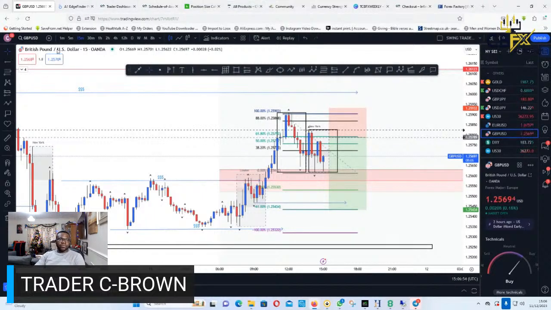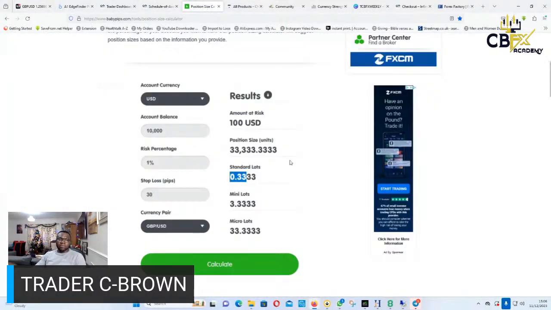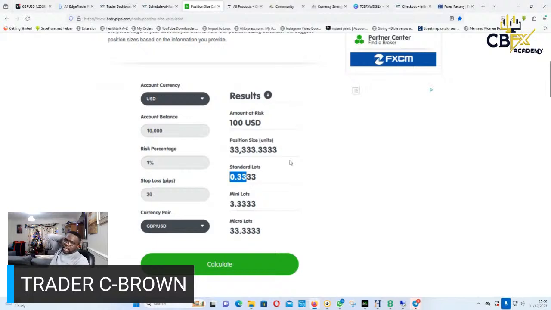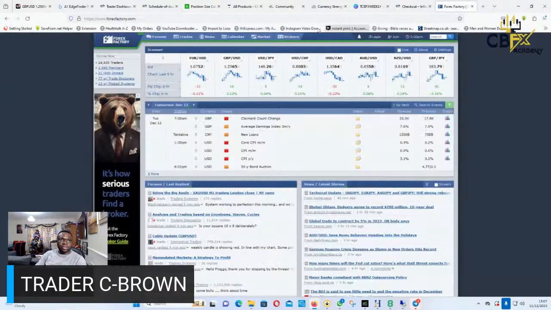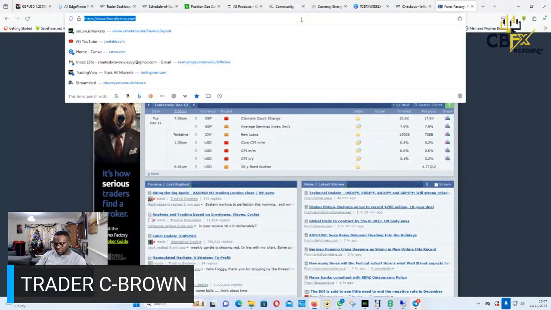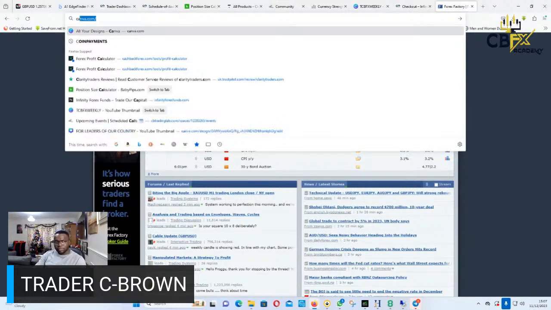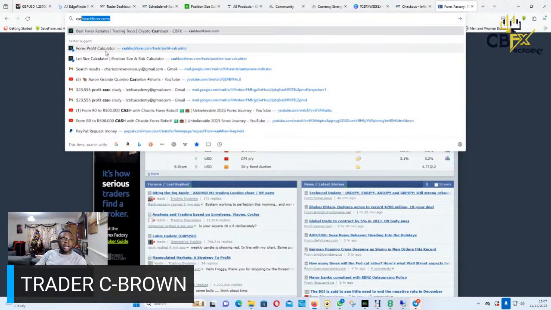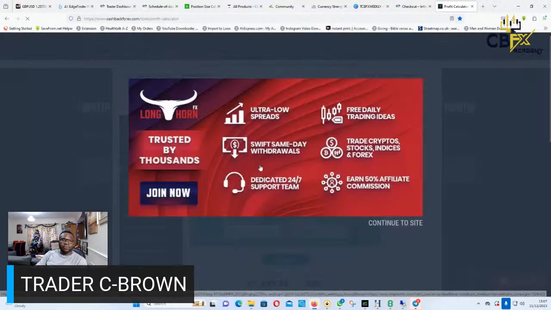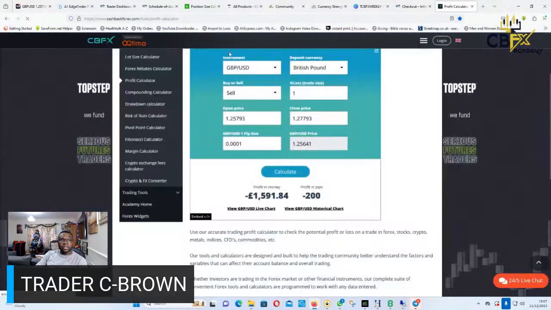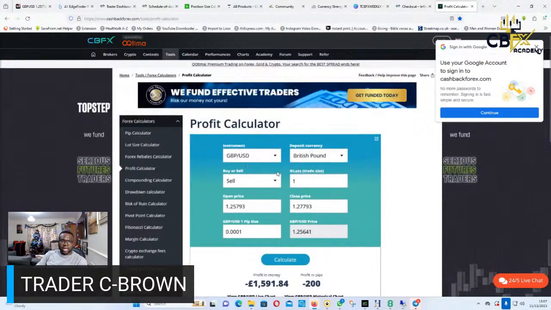So let's just move to another one you can use. It's called cashback forex. You can use this one if you want, or you can use Babypips. I normally use this one.